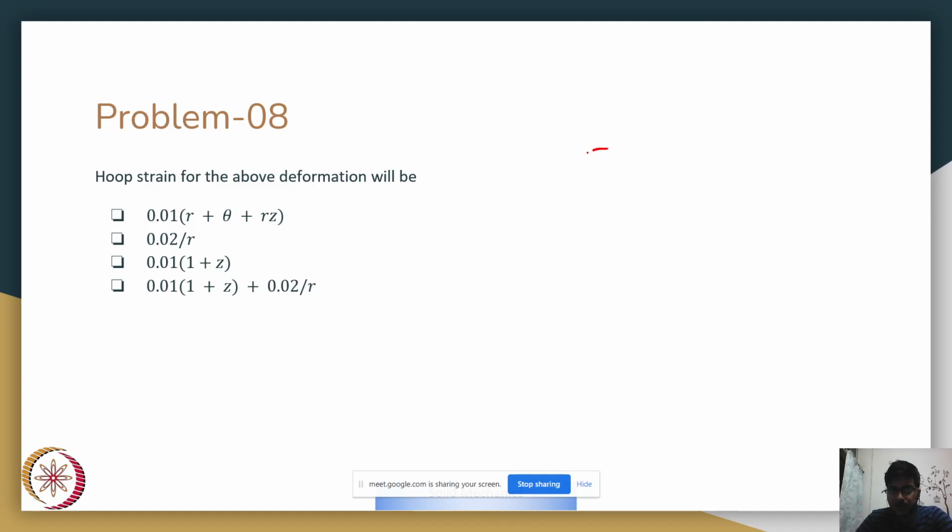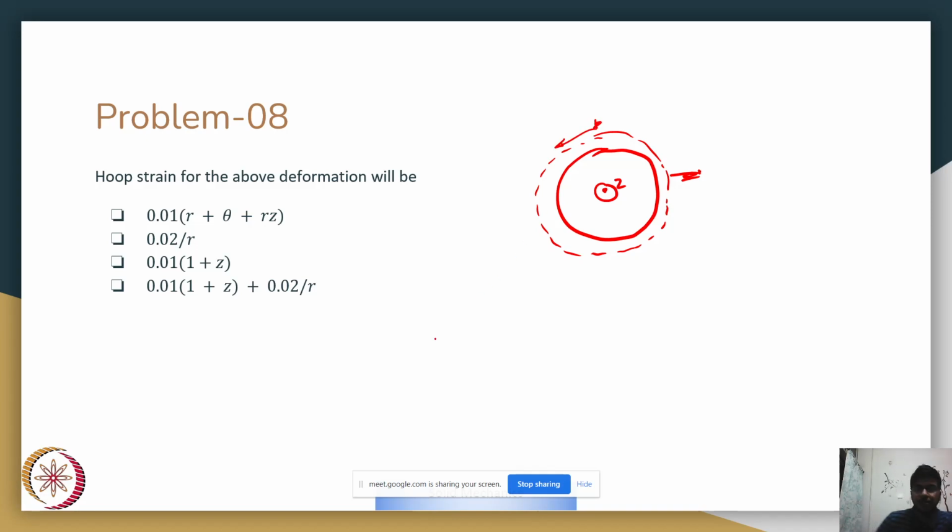So hoop strain, if you remember, suppose this is the axis. Hoop strain deals with after deformation, suppose this has gone to this particular position. So the hoop strain is a tangential strain, so to speak. So hoop strain epsilon theta theta is nothing but 1 by r times dou u theta by dou theta plus ur by r.